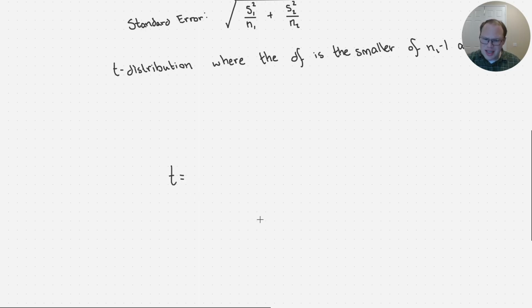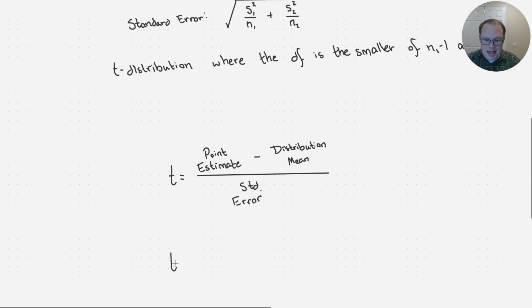Our t-score is the same as it always is. We always take our point estimate, subtract the mean of the sampling distribution, which I'll call the distribution mean, and divide by the standard error.